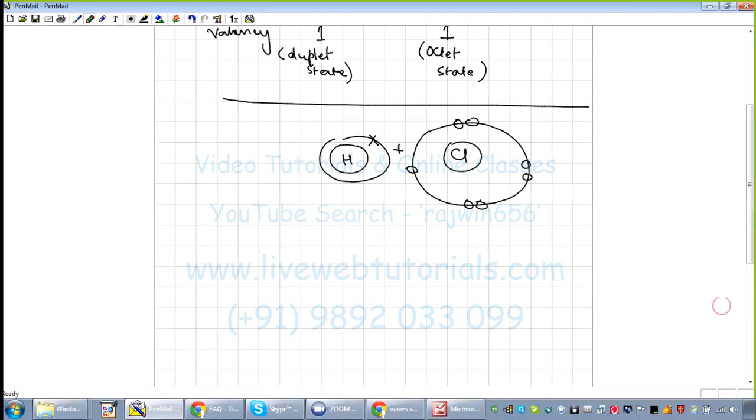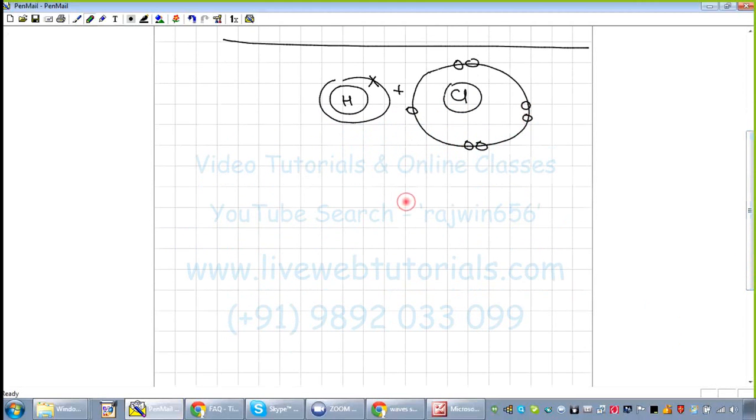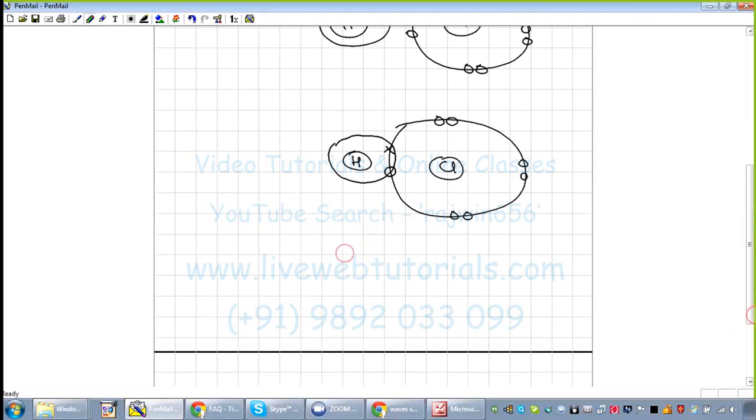When both of these atoms combine together, this is your hydrogen atom, chlorine atom. The other 6 electrons will remain unaffected. This will be the electron of hydrogen, this will be the electron of chlorine atom. Now the bond that is formed can be shown over here like this.